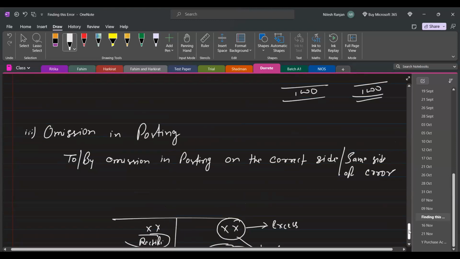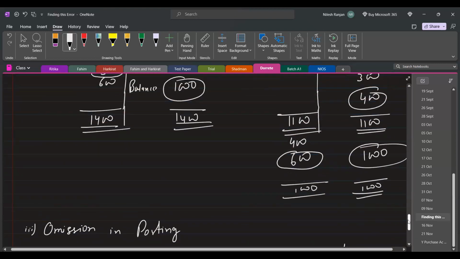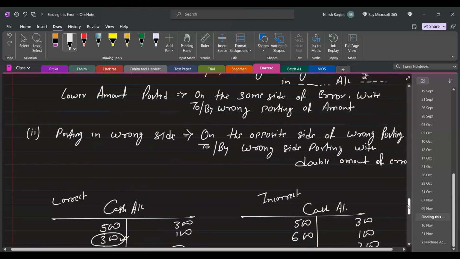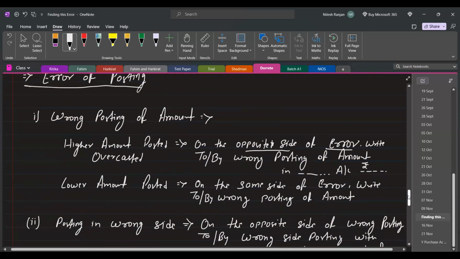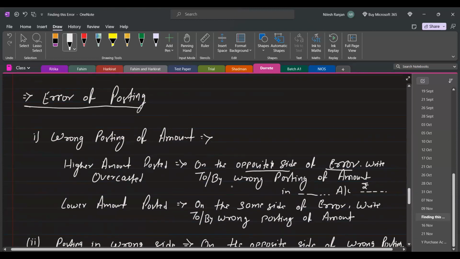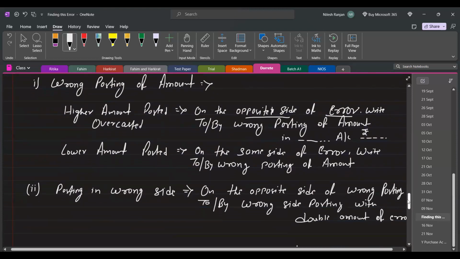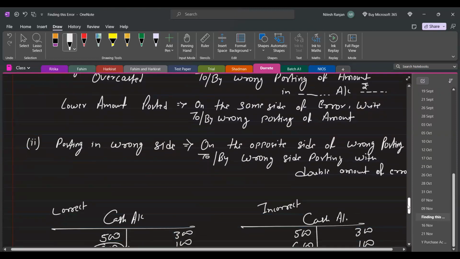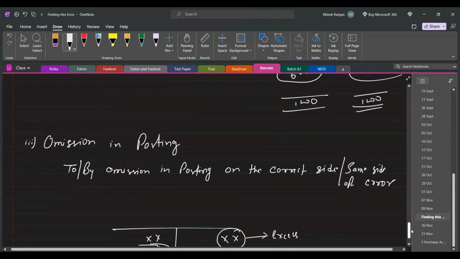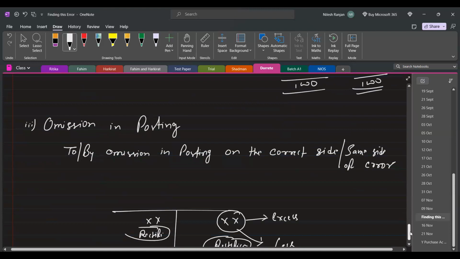But wrong account posting affects two accounts. That's why it is not included in one-sided error. Wrong side posting means you have to write it on the debit side, but you have written it on the credit side. And the third is omission posting.